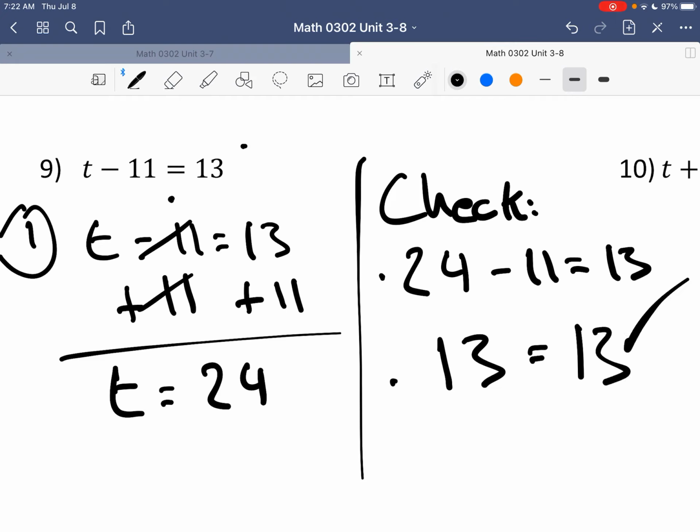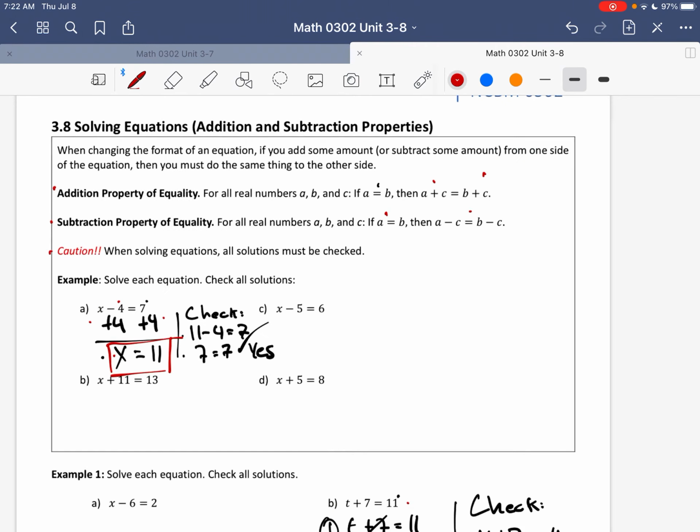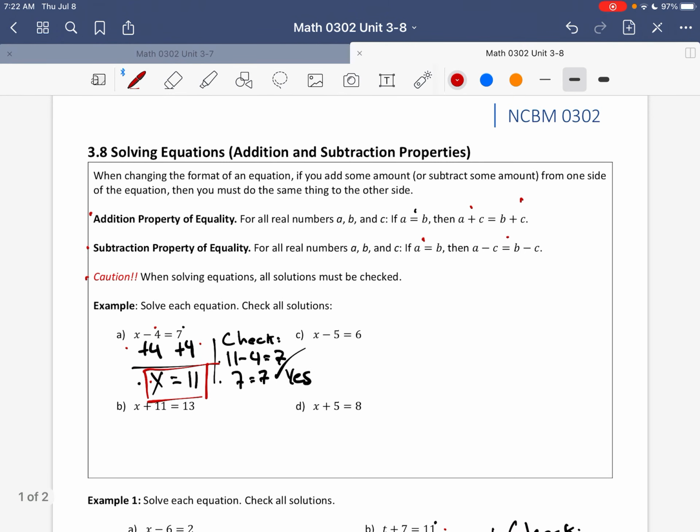So this lets us know that the solution is t is equal to 24, and it is correct because we checked to make sure that it satisfies the original equation. And this is how we solve equations using the addition and subtraction properties.